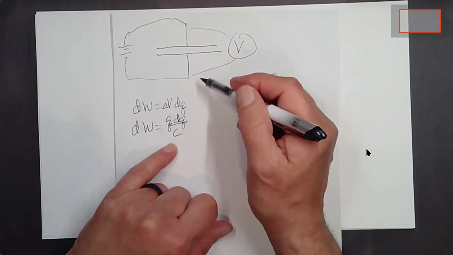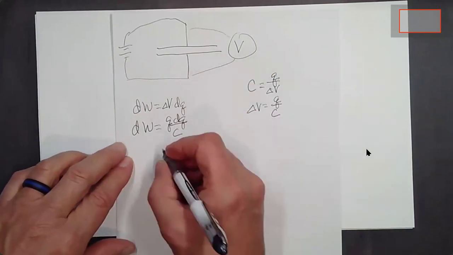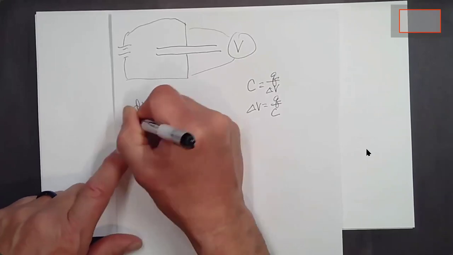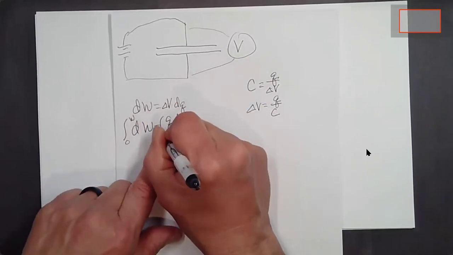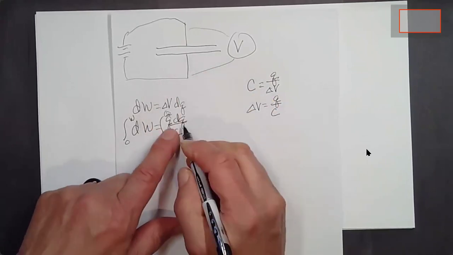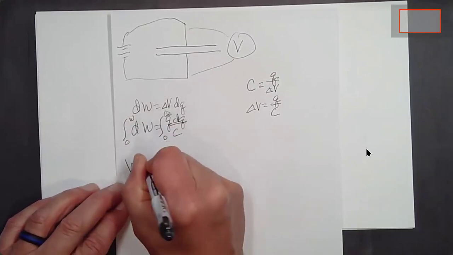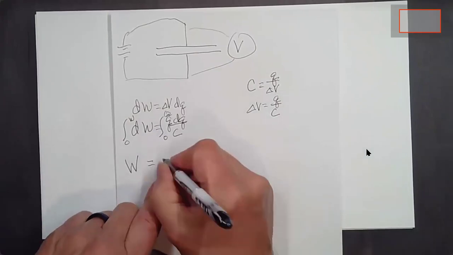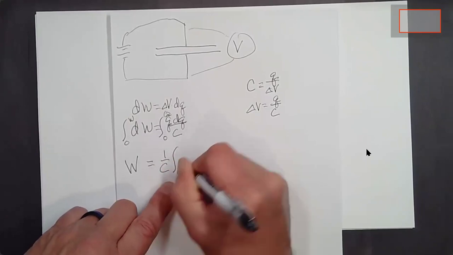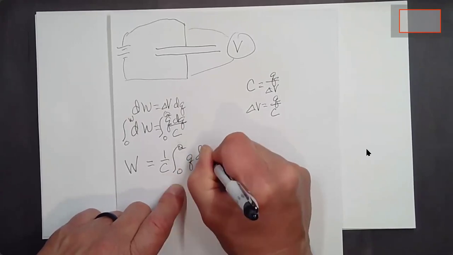Well, what if we want to charge this thing up from 0 to some final charge? We would integrate both sides of this from 0 to W for the amount of work, and from no charge to some capital Q. And let's see what happens. Well, the left side just integrates to W. That's the total amount of work we have to do. On the right side, I'll have 1 over C times the integral from 0 to capital Q of Q dQ.